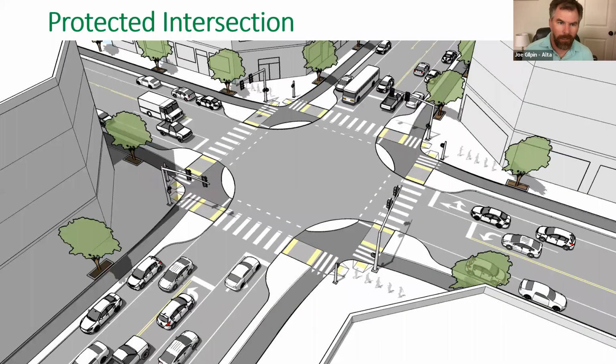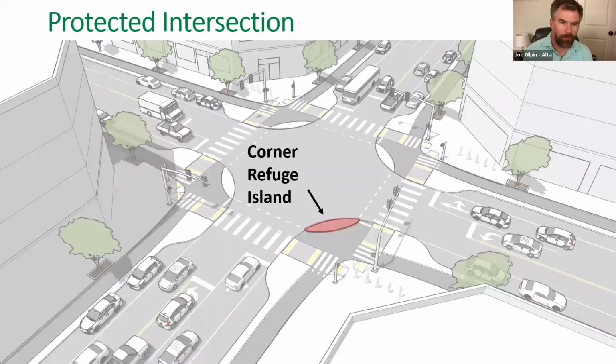But the key anatomy that we're looking at with a protected intersection is we're bringing that level of protection of the bikeway and the separation all the way to the intersection. And we use this additional piece of separation called the corner safety island or the corner refuge island in the middle of the intersection there.